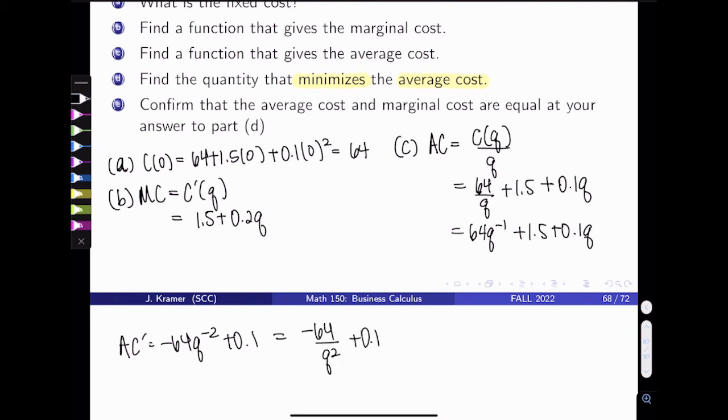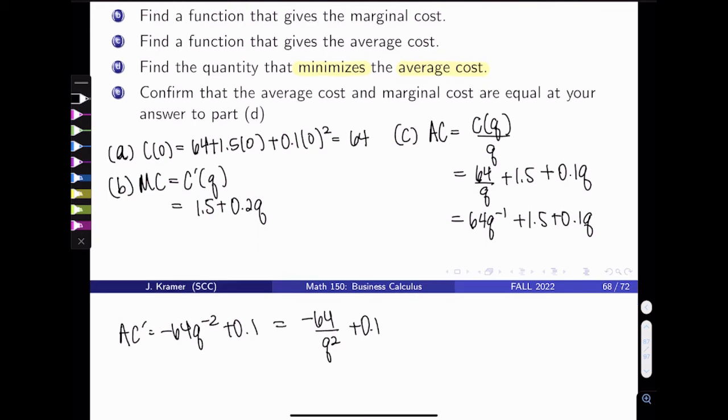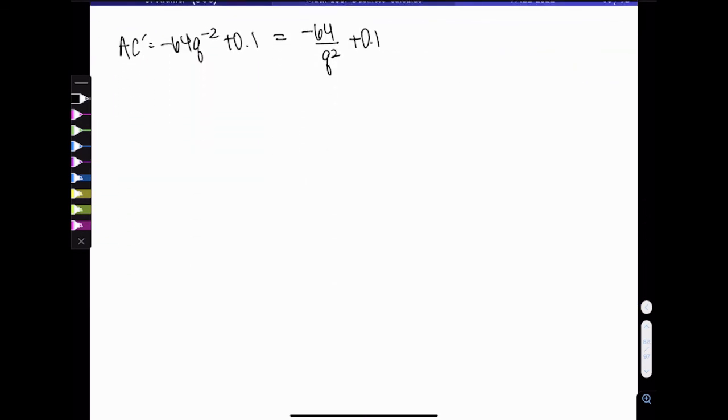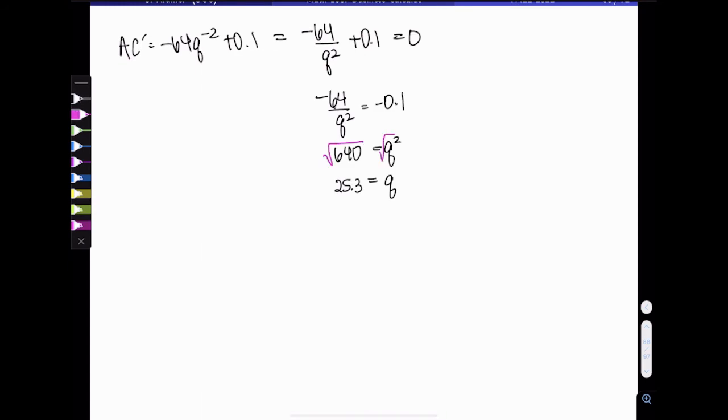Because we want to find the quantity that minimizes the average cost, we need to first find the critical number of the average cost, so we set the derivative equal to 0 and solve. When we take the square root of 640 to isolate Q, we see that the approximate critical number is 25.3.